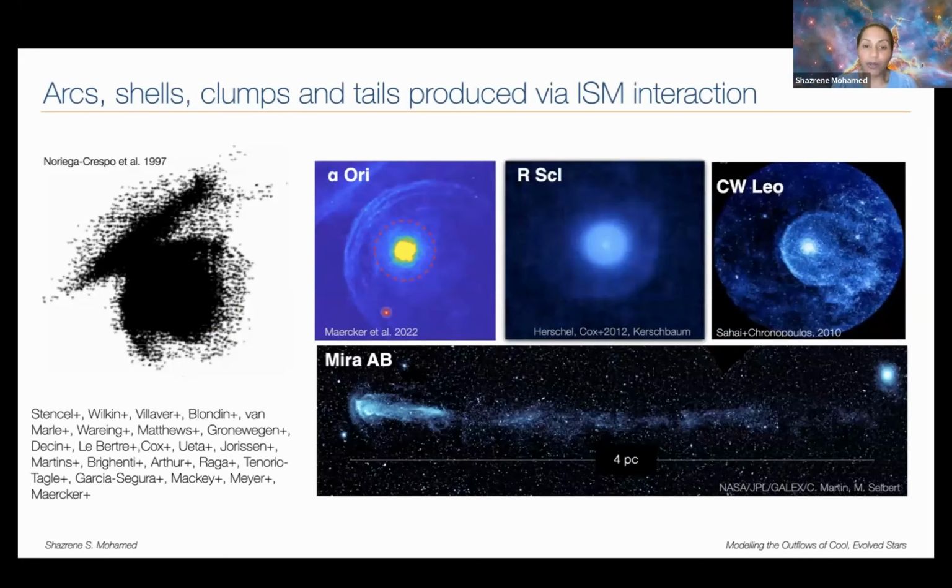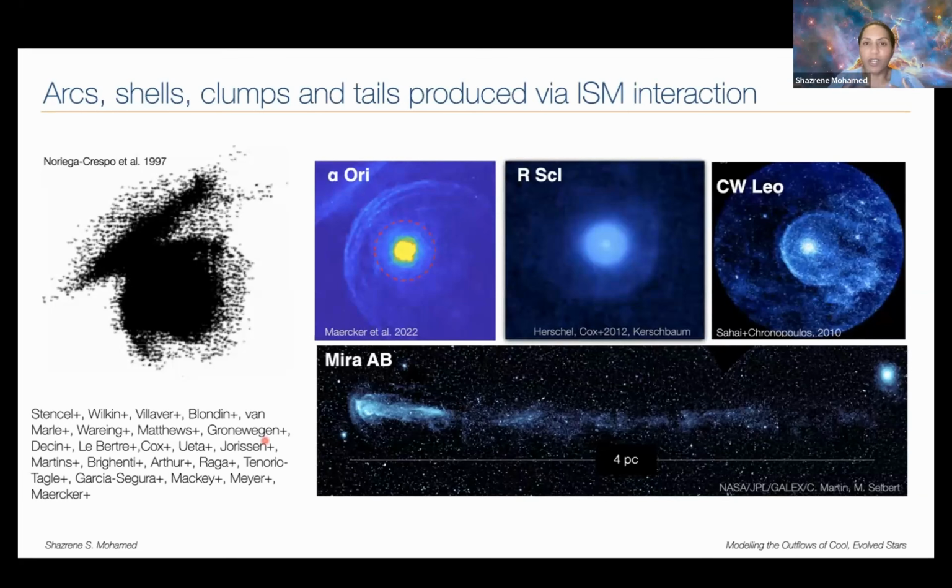It's not just in the far infrared, although that's where the majority of these bow shocks are found. So, for example, R Sculptoris, but also, as I mentioned, in the UV, and there are an increasing number of these. This is an example of CW Leo that was found, and these UV bow shocks tend to be for the faster moving stars, so 100 kilometers per second, 90 for CW Leo and 130 for Mira.